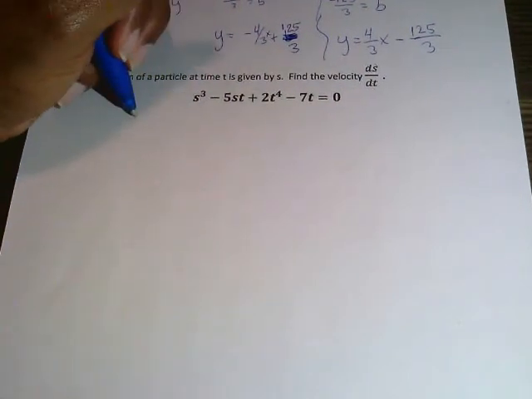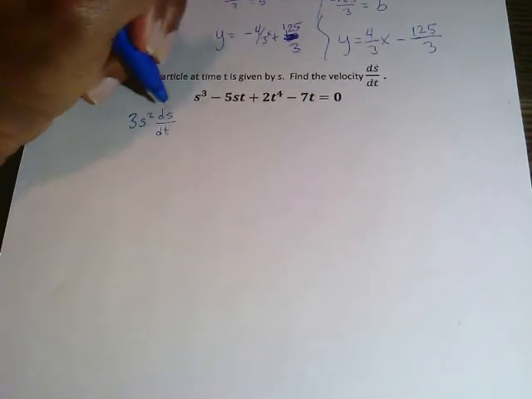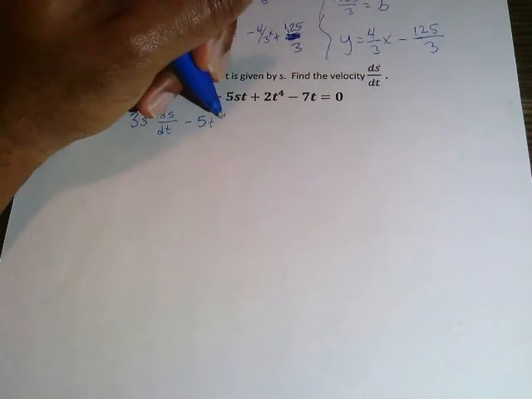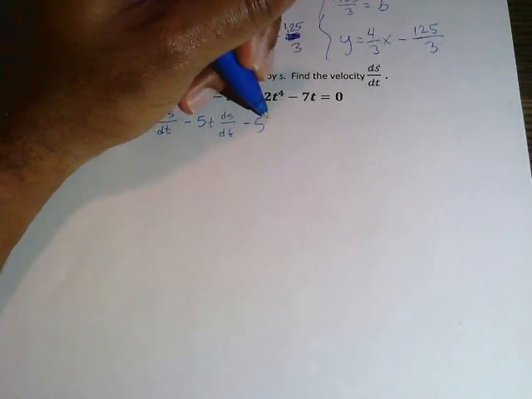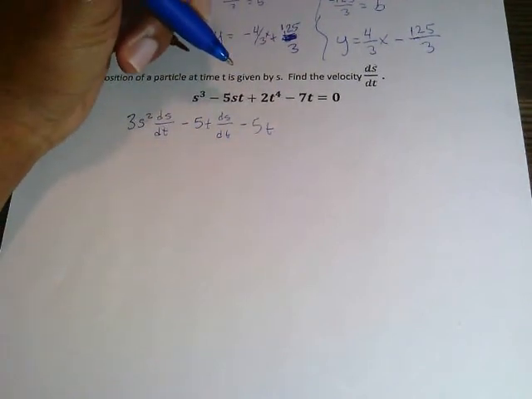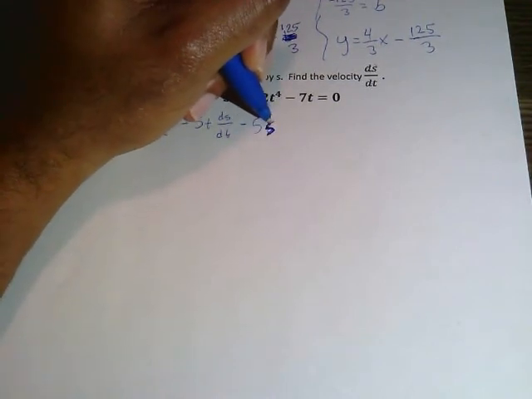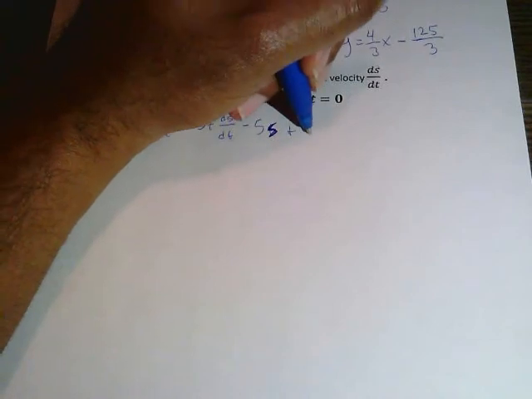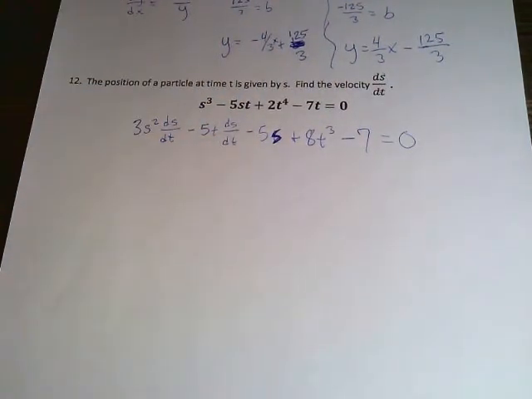So we take the derivative, we'll have 3s squared ds dt minus, and here we're going to use a product rule. So this will be 5t ds over dt minus 5s, because the derivative of t would just be dt over dt, which is gone. So then that is plus 8t cubed minus 7 equals 0. And now we're just trying to get our ds dt by itself.